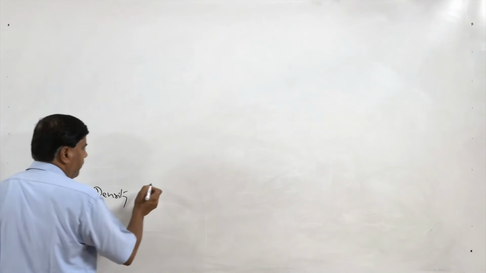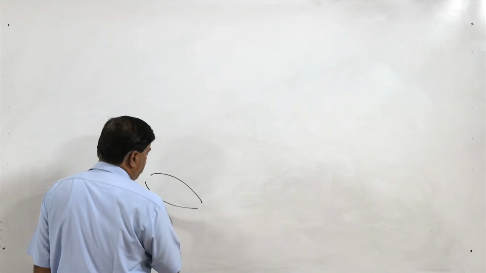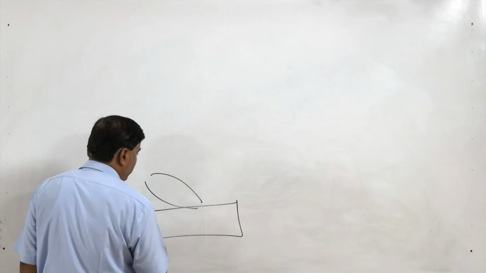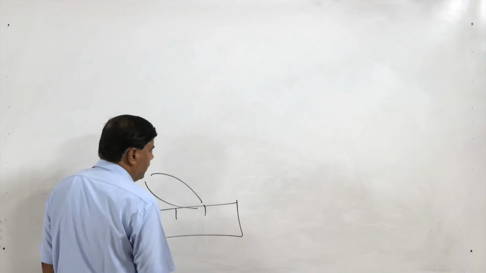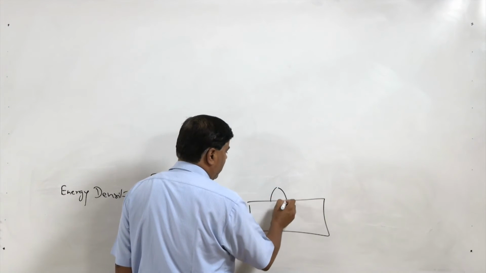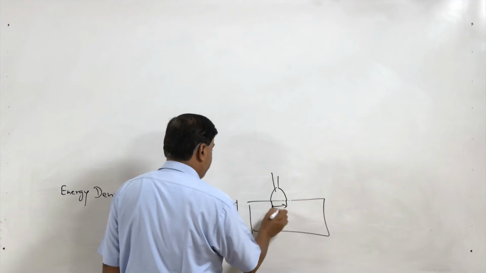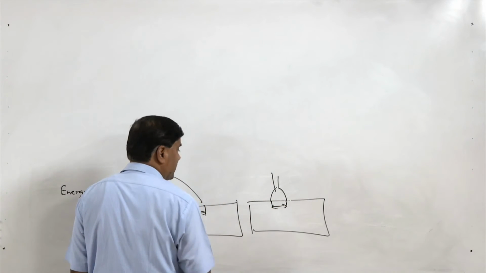Like say there is a flame, like in gas welding, which is applied over a large area, or there is a welding arc which is applied over a smaller area as compared to gas welding.